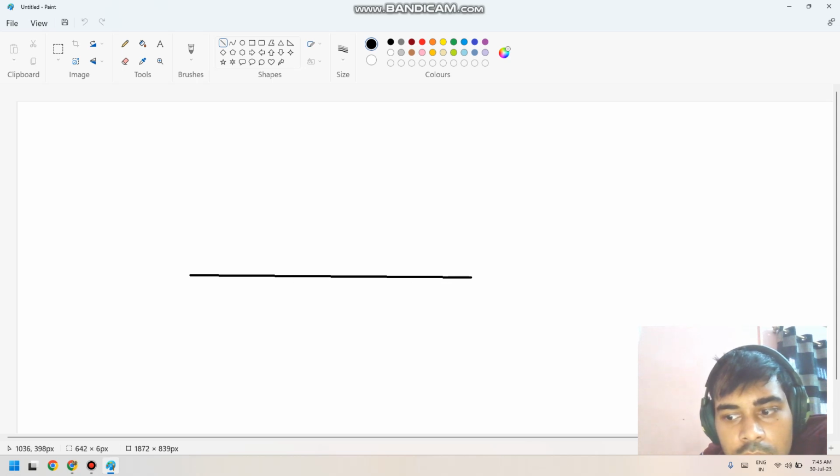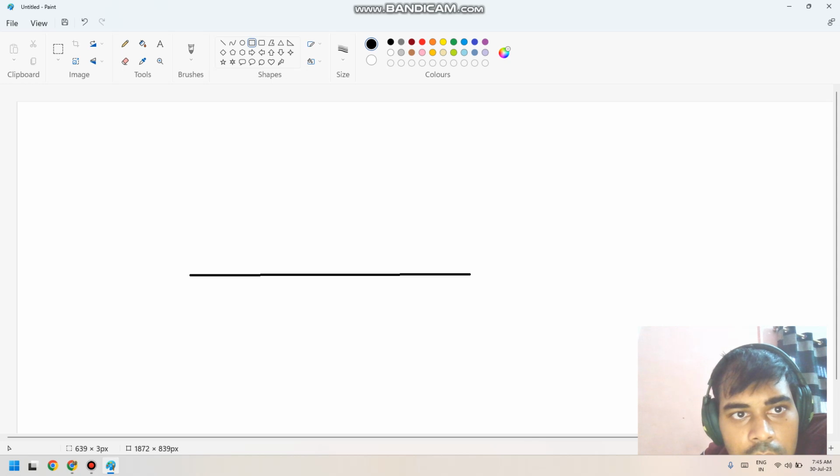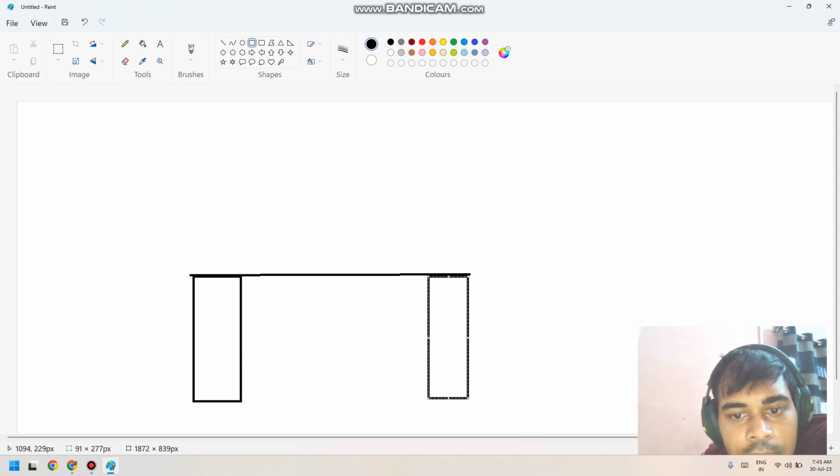Suppose this is a table. Okay? Now a block is sitting on it.